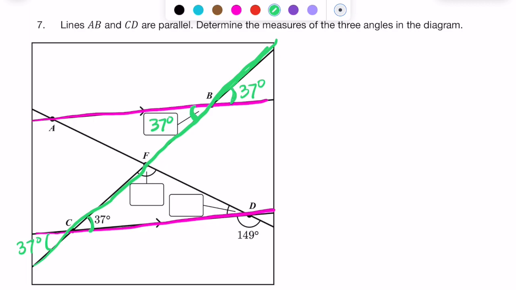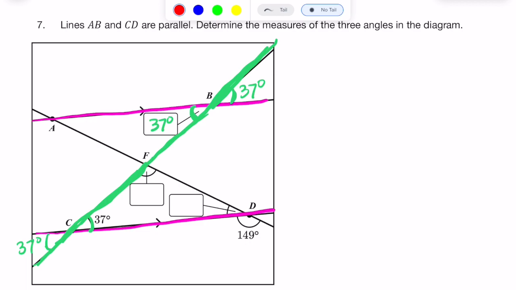Okay, so when we have these parallel lines, those pink lines that are never going to touch, cut by a transversal, just a line that's cutting through two different lines, we have all these pairs of congruent angles. So this, this, this, and this are all 37 degrees.